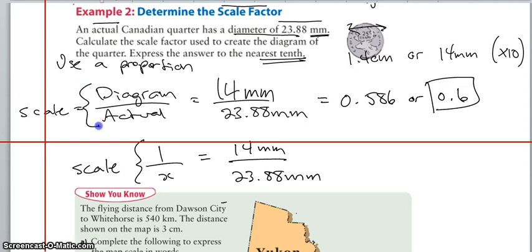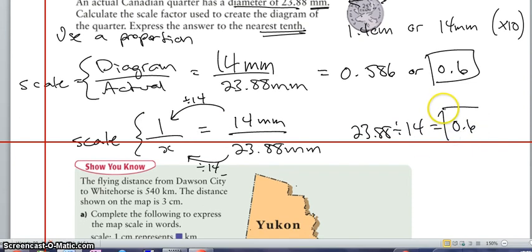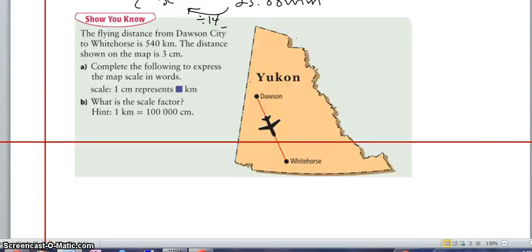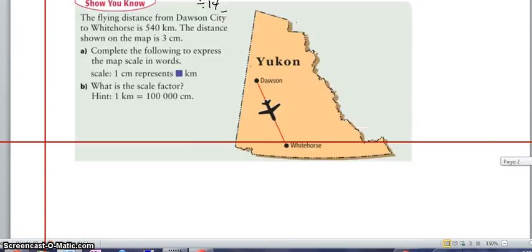We're looking at the same thing, so the diagram would always be the thing we're looking for. We do the same thing at the bottom that we do at the top. We divide by 14. And again, 23.88 divided by 14 gives 0.6. So that's another way to get our scale factor. And you've got some show you knows to do on the bottom there to finish that up.